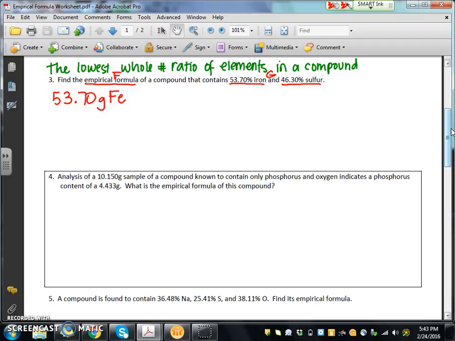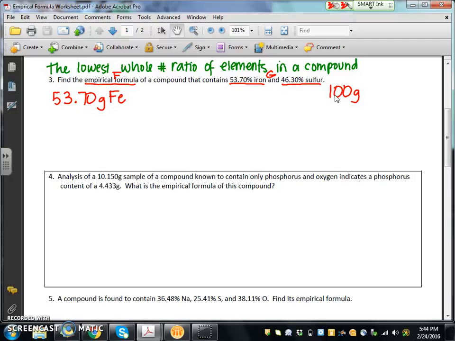And the reason why we do this, there's actually a reason, is because if we assume that we have 100 grams of this compound, because they don't tell us how much I actually have, if I assume that I have 100 grams, then I know that 53.70% of 100 is going to be 53.7.